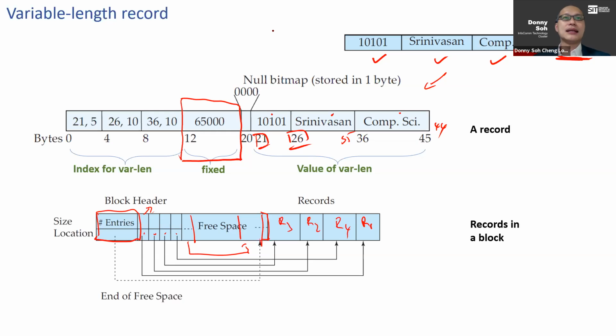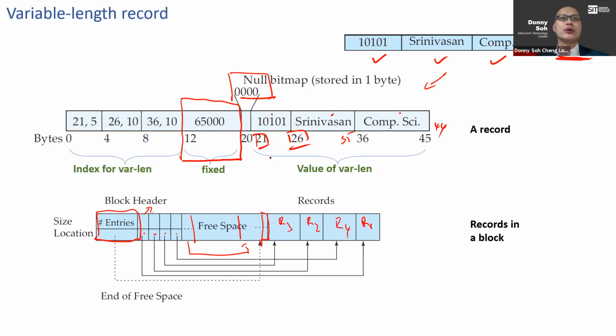There is a null bitmap here that separates my fixed part and my variable part. My variable attributes are just stored as per required because they are variable, so we don't really know their sizes, but in this case, we know the numbers are here. But we also need to find a way to store this.